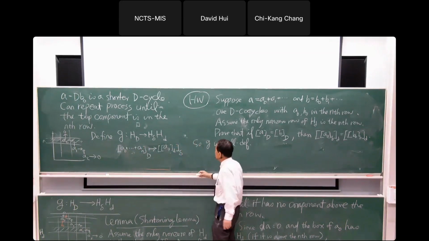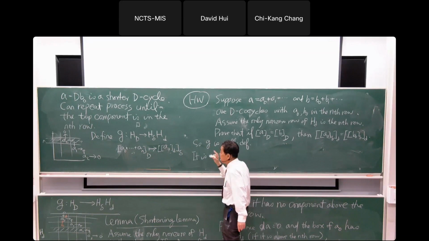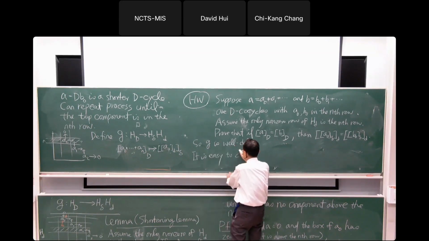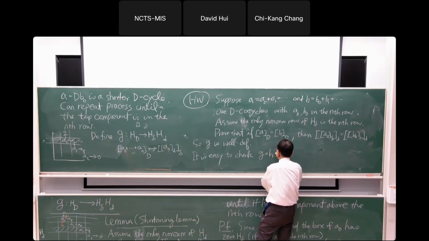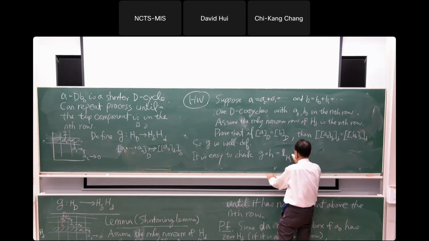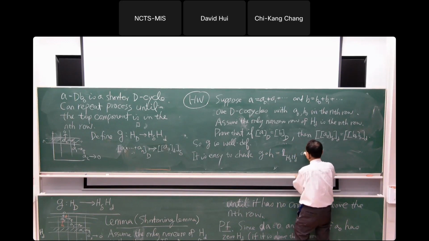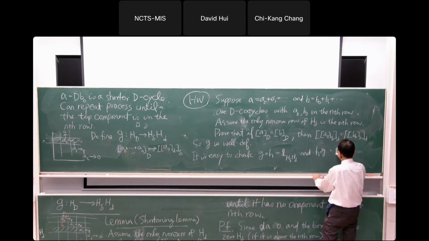So it's easy to check that G and H are inverses. G composed with H is the identity on H delta HD, and H composed with G is the identity on H big D.